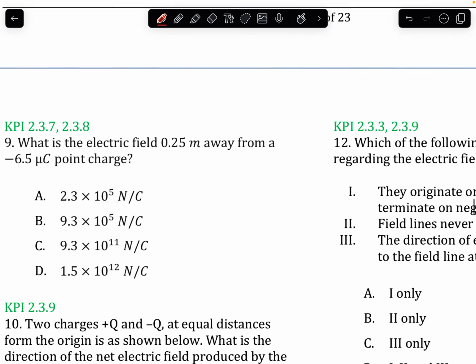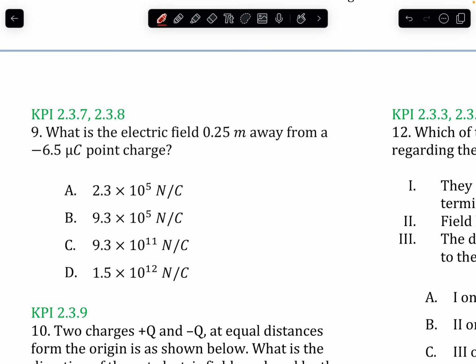Question number 9, what's the electric field 0.25 meters away from a negative 6.5 microcoulombs charge?